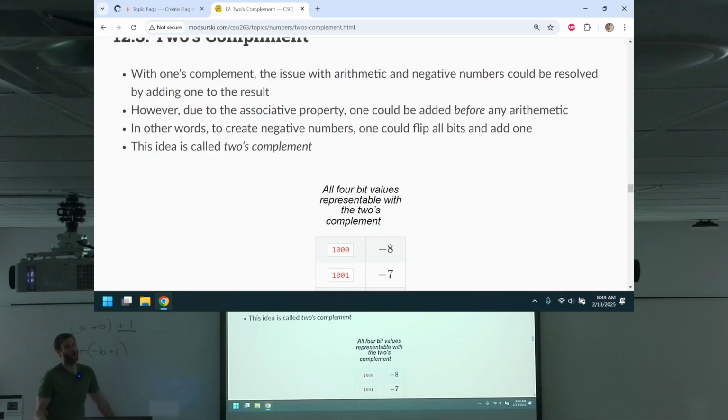OR is true whenever any input is 1, so it's 0, 1, 1, 1, and this generalizes to more inputs. NOR is 1, 0, 0, 0. So if you NOR all of the inputs and you get a 1, then I know the number is 0.